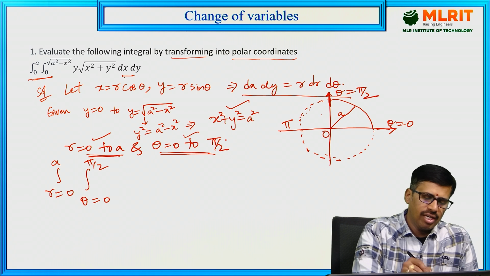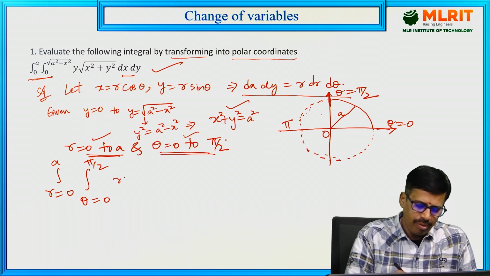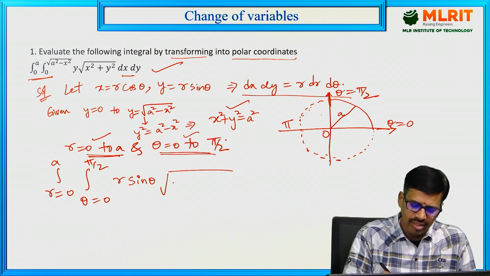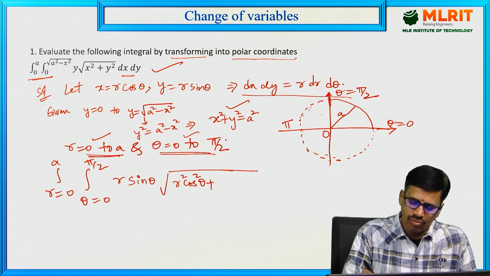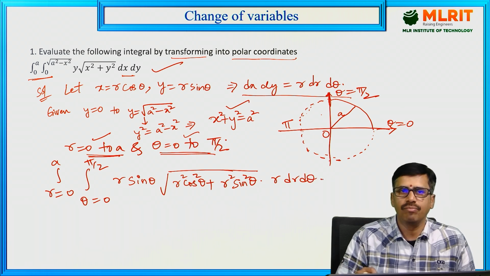In this function, let us substitute x and y values. y means r sin theta, into under root of x square plus y square, that is r square cos square theta plus r square sin square theta, and dx into dy means r dr d theta, right?